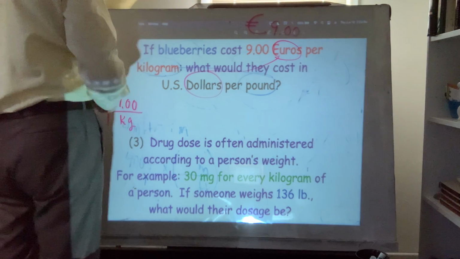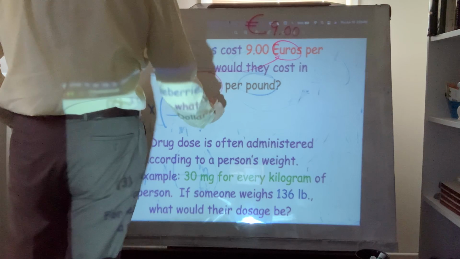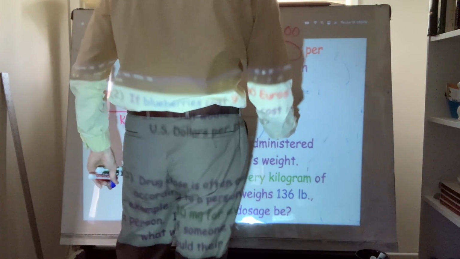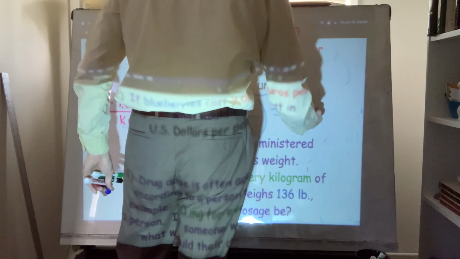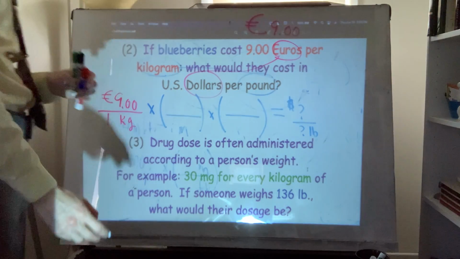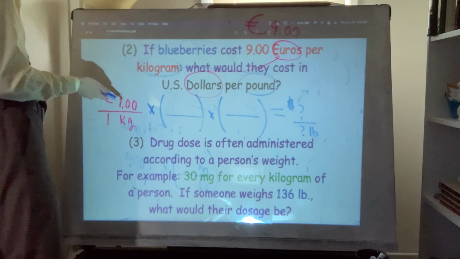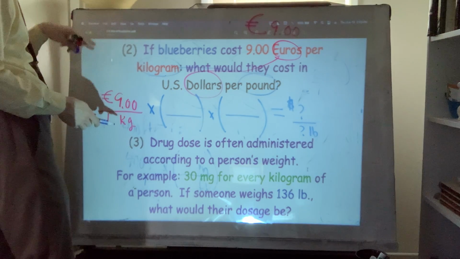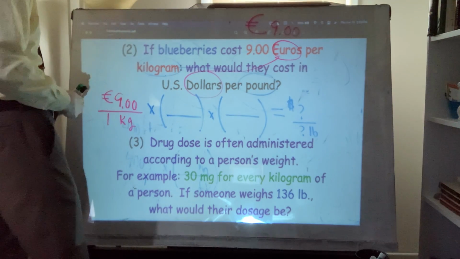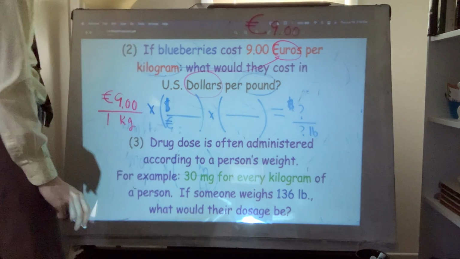The first conversion factor would look like this, right? It would just deal with one or the other. I would say start with the top. So if you want to cancel out euros and end up with dollars above the line, then dollars would have to be up here and euros would have to be down here.